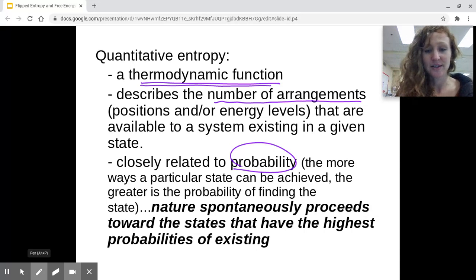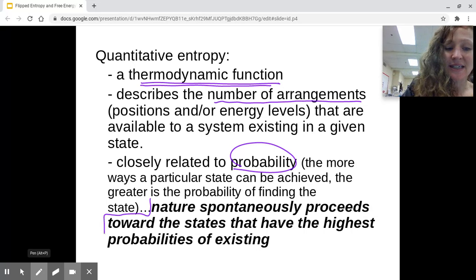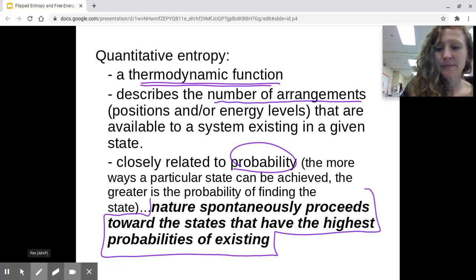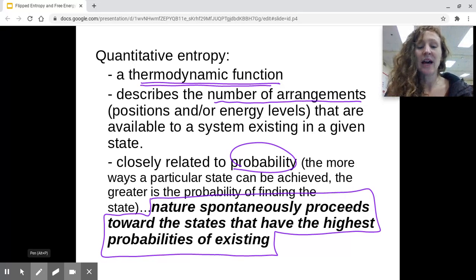Nature spontaneously proceeds toward the states that have the highest probabilities of existing. So that earthquake hits your house and knocks a deck of cards off a shelf. Okay, nature is going to spontaneously proceed toward disorder. When you pick up that deck of cards, it's going to be disordered. You're not going to find it in that one ordered state because disorder has a much higher probability of existing than that one ordered state does.